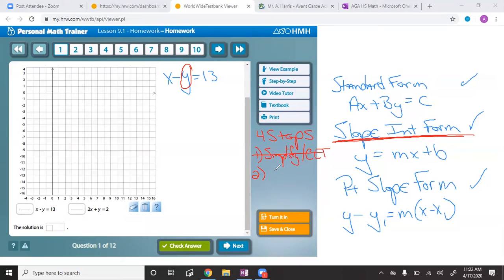Remove all fractions from near your variable. That is underneath simplify. Step number 2 says something else. Distribute. That's underneath simplify. There's 4 checklist items, and then there's 4 steps.